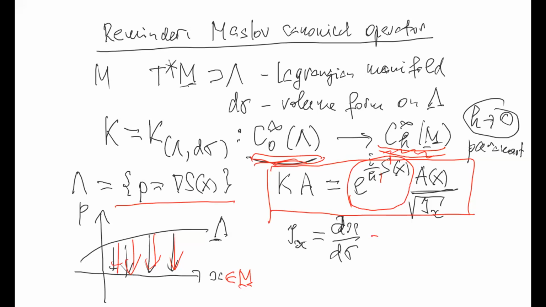And the Jacobian, in local coordinates, is the quotient of two volume forms. One is dx1 wedge, etc., wedge dxn, and the other is our volume form, which is defined on lambda. We have agreed that M is equipped with the volume form, and we only consider local coordinates which are consistent with this volume form. So this form is independent of the coordinates.